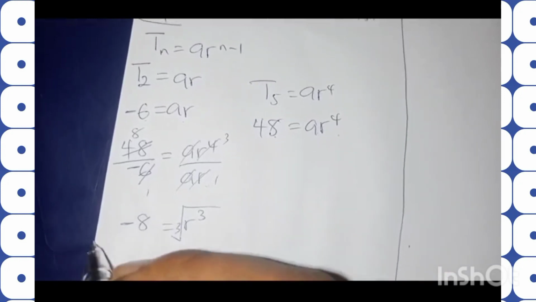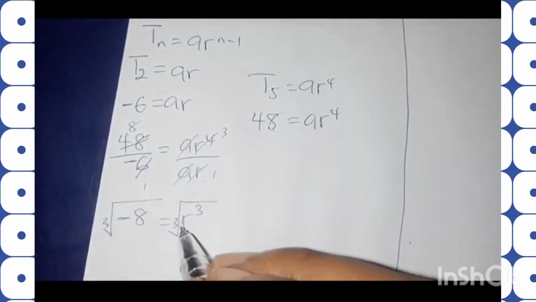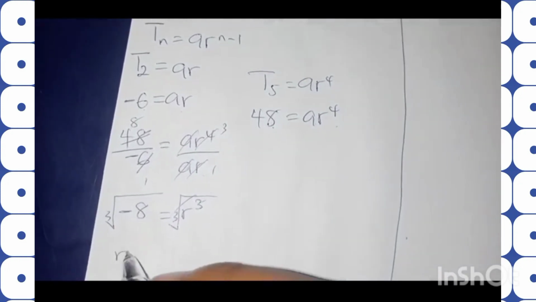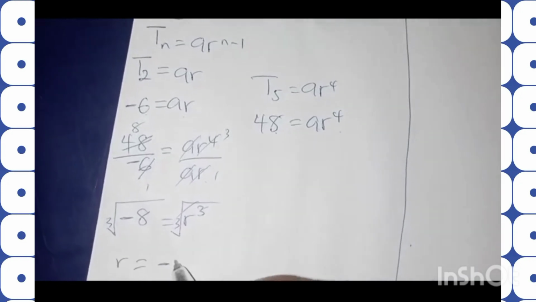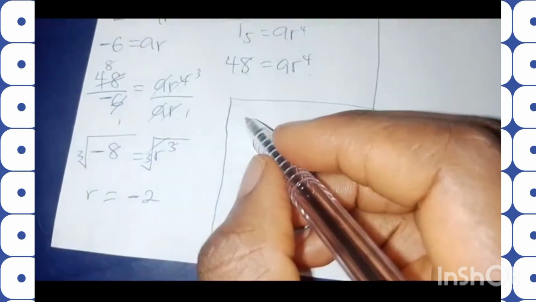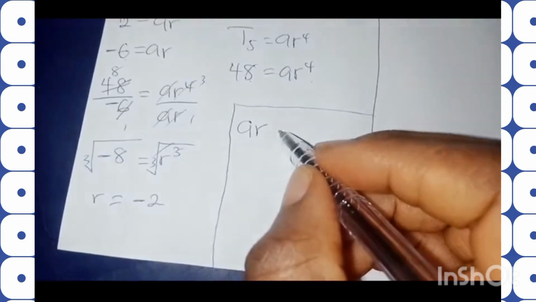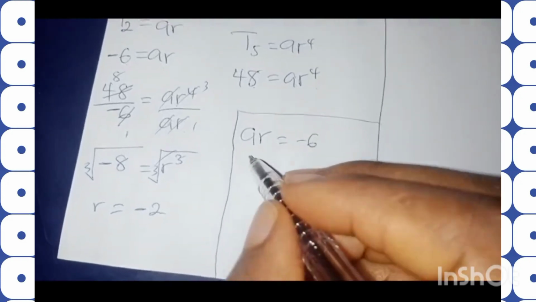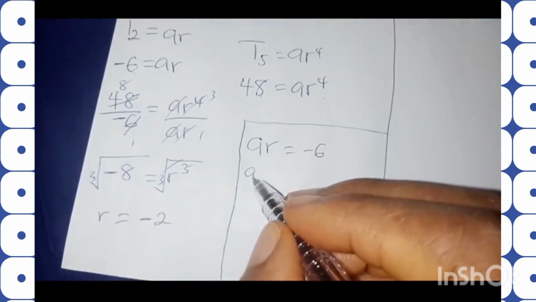Taking the cube root of both sides, we'll have our r to be minus 2. Why? Because minus 2 multiplying itself 3 times gives us minus 8. So when you punch your calculator, you definitely get that.